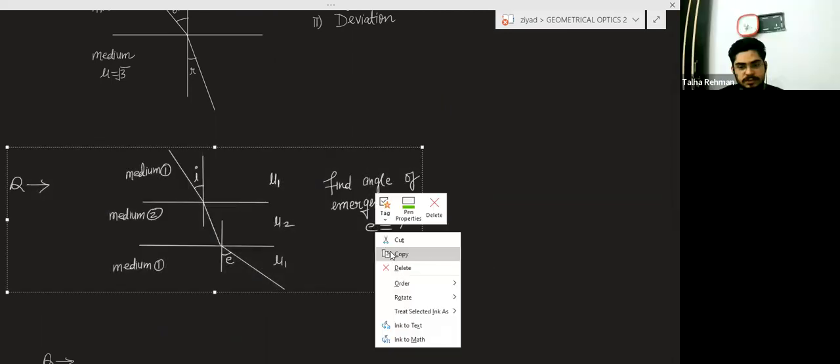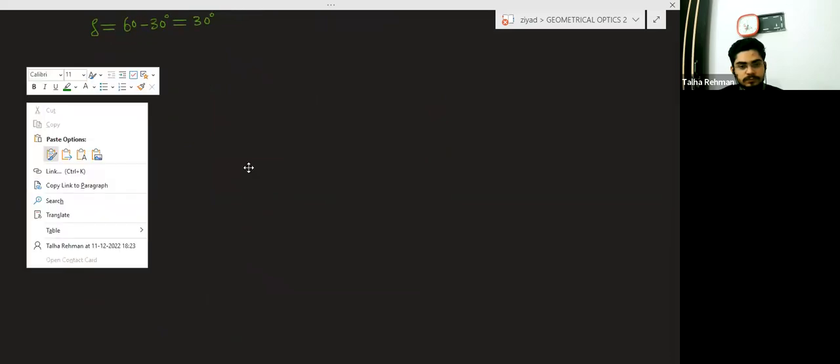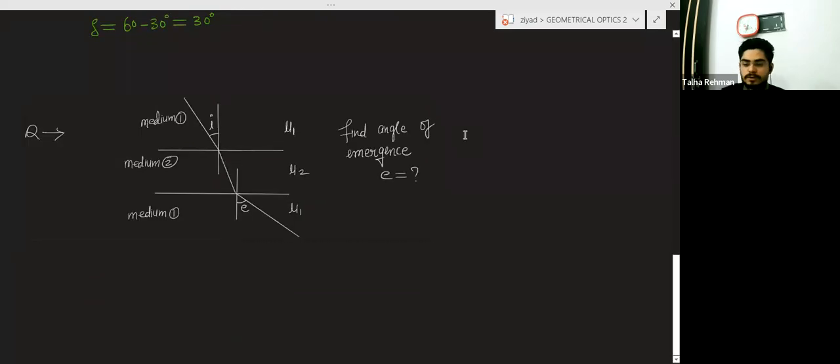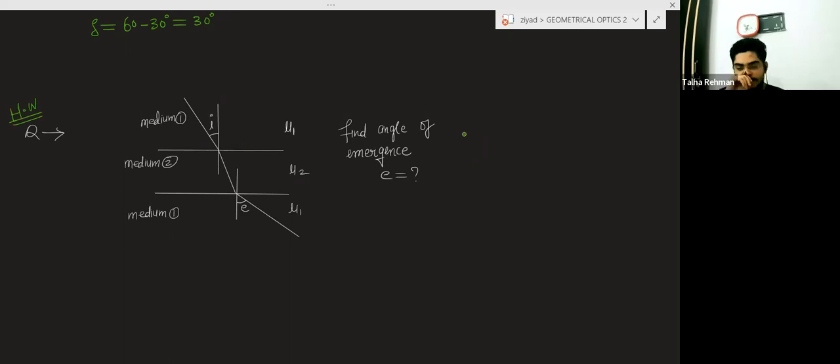So this is the next question. Okay, try this question by yourself, and in the next class I will discuss this question. Here what you have to do is apply Snell's law.